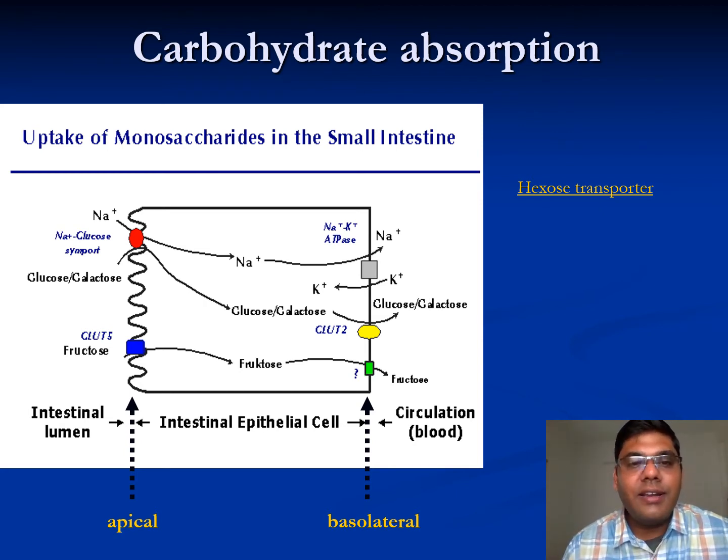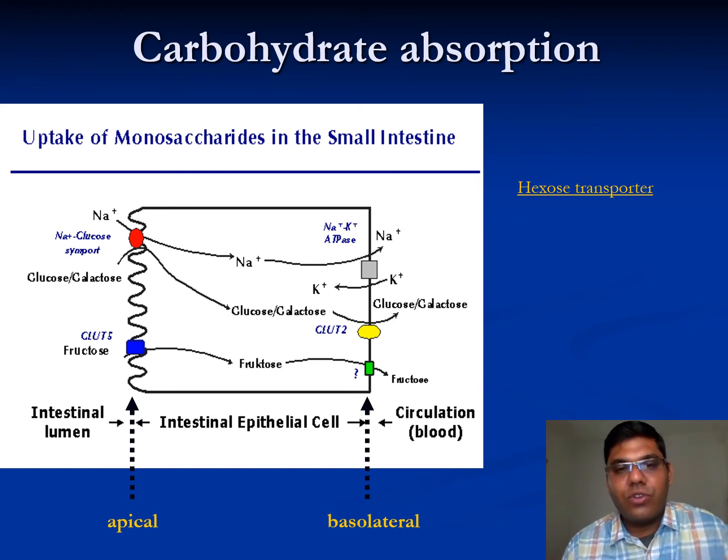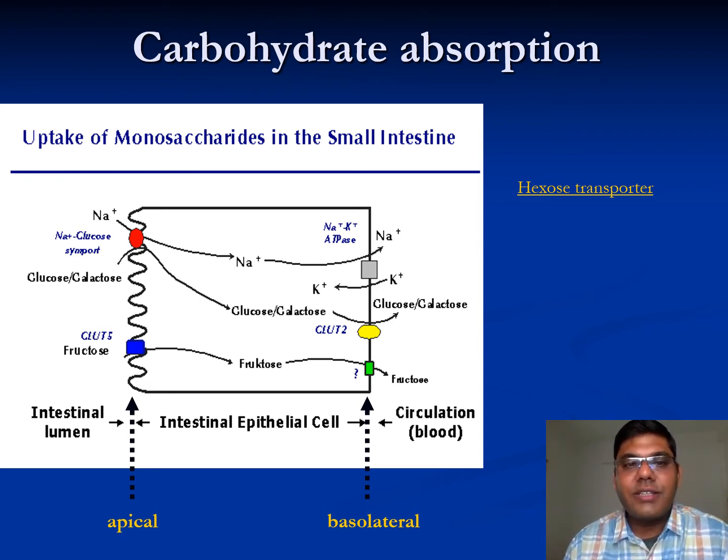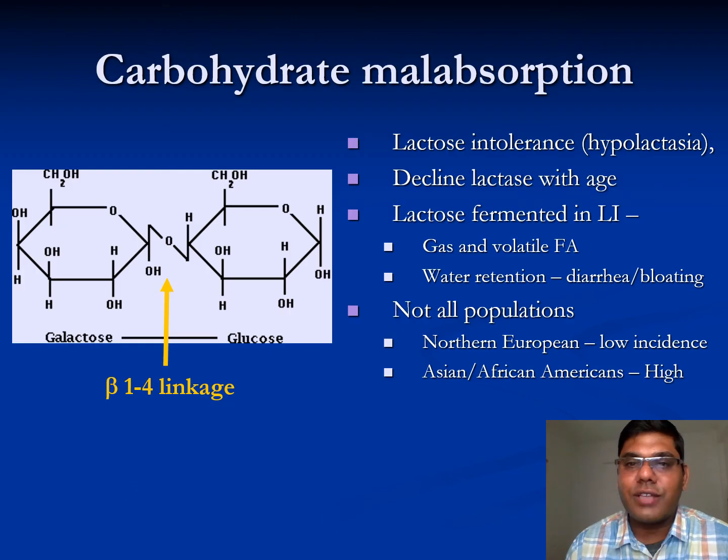On the other hand, there is the glucose-sodium symport system, wherein the glucose and the sodium both get transported inside the cell, and are further absorbed into the bloodstream, towards the basolateral side. So there are these transporters, the sodium glucose symport system and the GLUTs. They help us in the absorption of these monosaccharides in the small intestine. These are hexose transporters.